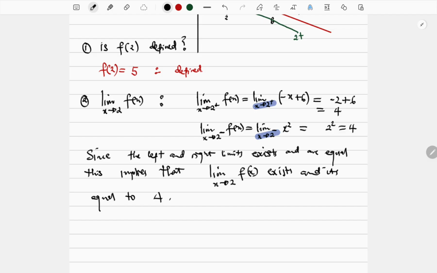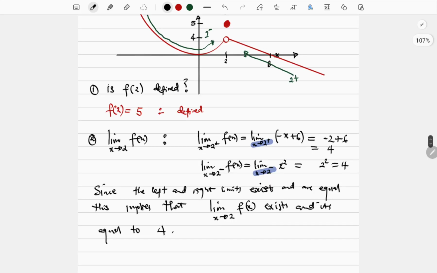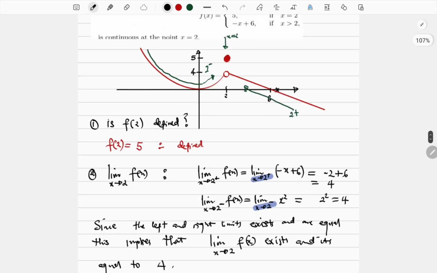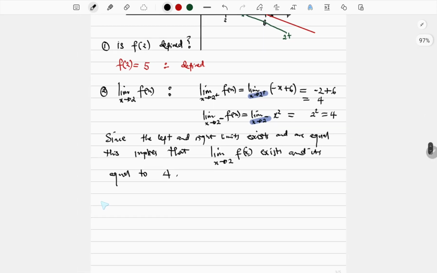Right. Then number 3. So this one actually agreed with the first one and the second one. Is it going to agree on the third one? The third one is saying, if the limit exists and if f of 2 is defined, is f of 2 equal to the limit?